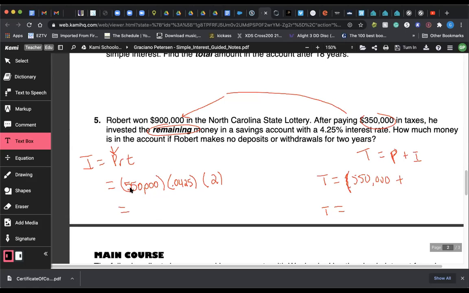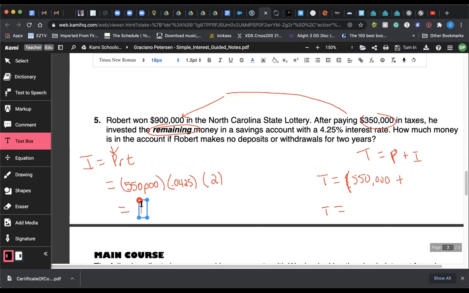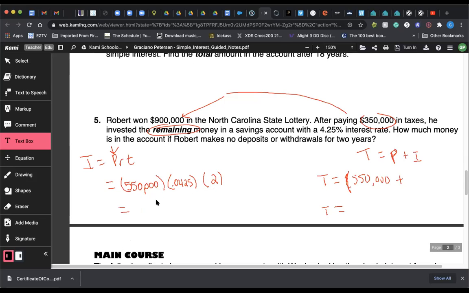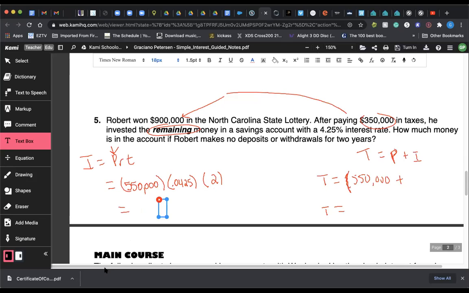So for your principal, it should be 550,000, right? Your interest rate is 0.0425, and your years are 2 years. When you multiply that all together, what did you get? I got 467. Good. So you should have 46,750.